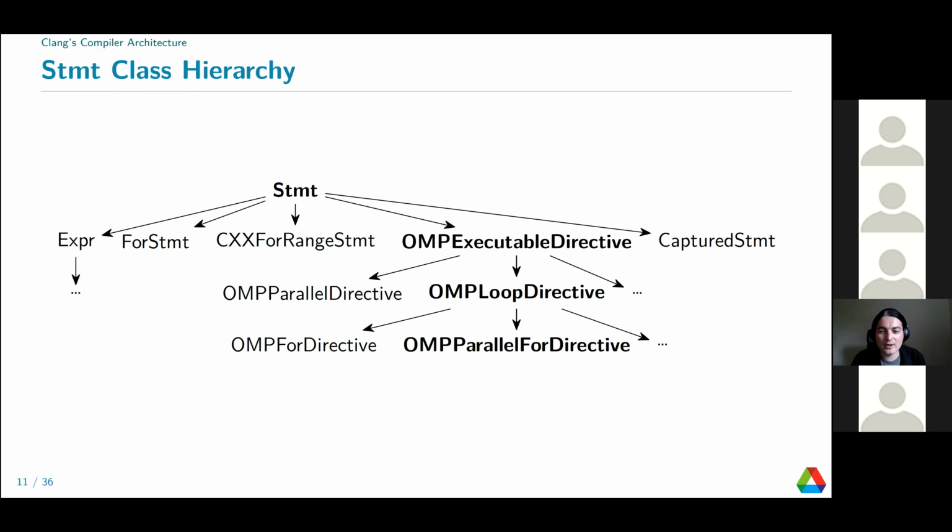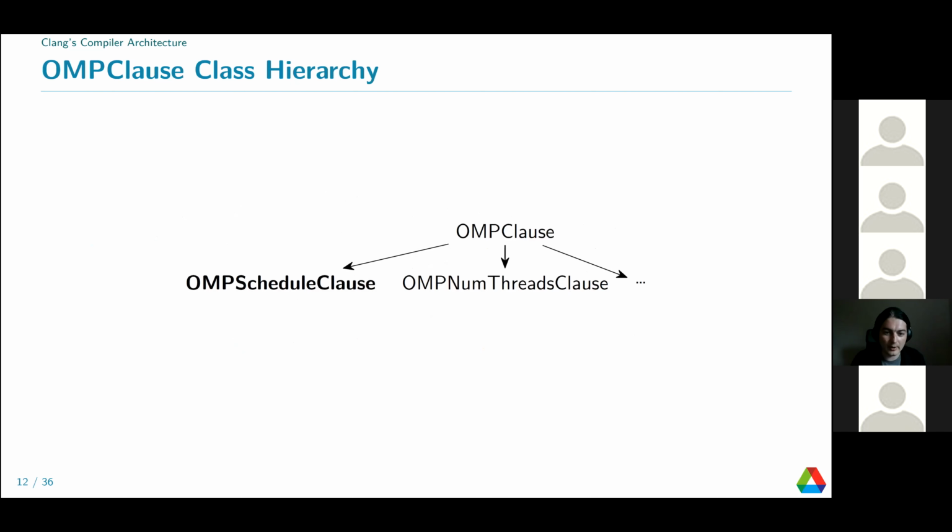The class hierarchy looks like this. We have the OMP parallel for directive node, which is derived from OMP loop directive, which is derived from OMP executable directive, and everything is basically derived from statement. Note that the OMP parallel directive has a different hierarchy than the OMP parallel for directive, since the OMP parallel directive is not a loop associated directive, and only those are derived from OMP loop directive.